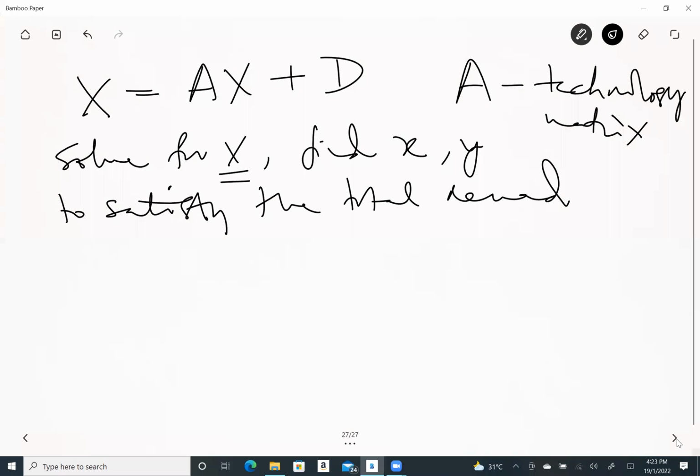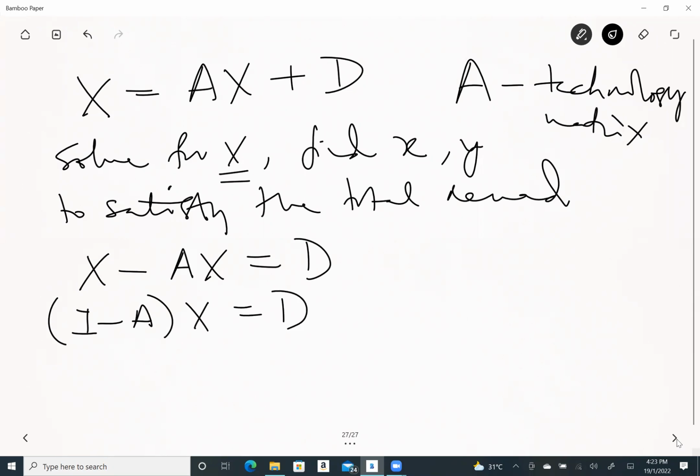You solve the equation first. You bring the AX to the left, and then you factor out the X. Then you find the inverse of I minus A, and multiply both sides. I'm sorry, not the inverse of A, the inverse of I minus A. We don't need the inverse of A, you need the inverse of I minus A. Then you multiply on the left.